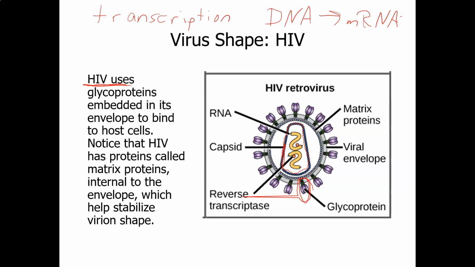Well, if it's in reverse, the enzyme reverse transcriptase can take the RNA in the core of the HIV virion and convert it into DNA. And then your DNA can go through the processes of transcription and translation into proteins.